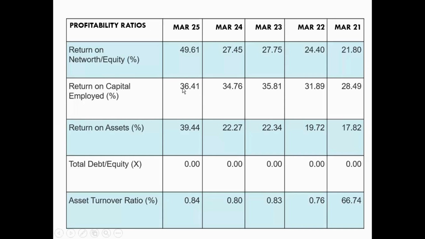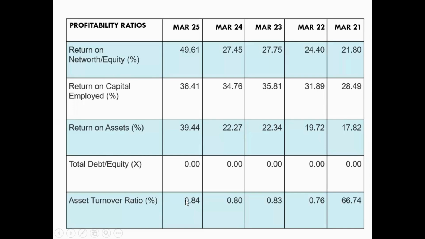Return on capital employed is 26.41, 24.75, 25.81, 31.86, and 28.59. Return on assets are 39.44, 22.27, 22.38, 19.47, and 17.8. Total debt by equity is 0 for the last 5 years.